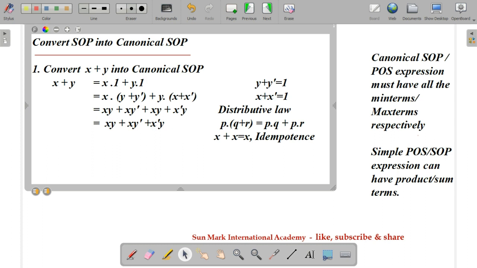Properties of 1: x into 1 equals x, y into 1 equals y. So we are just substituting the properties of 1. Instead of x, we write x into 1 plus y into 1.